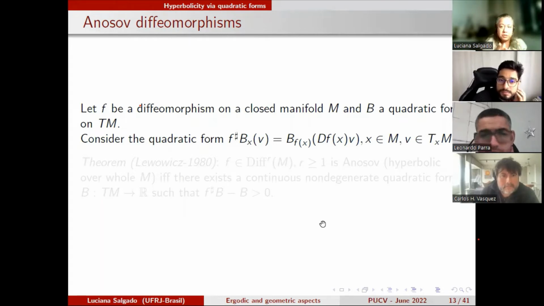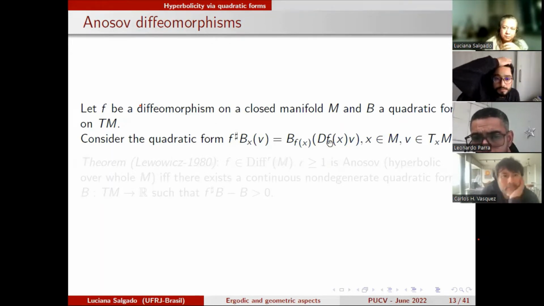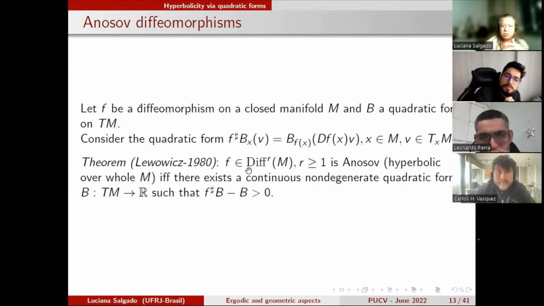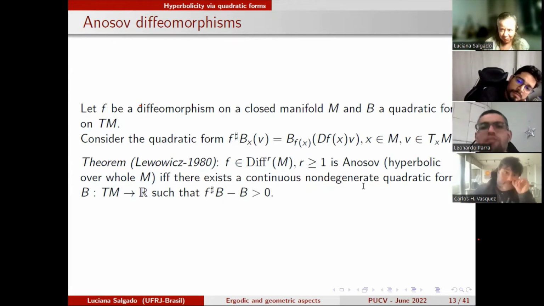Lewowicz proved that if we have a diffeomorphism on a closed manifold such that the quadratic form given by this satisfies this property, positive definite, etc., then it is equivalent to having an Anosov diffeomorphism.